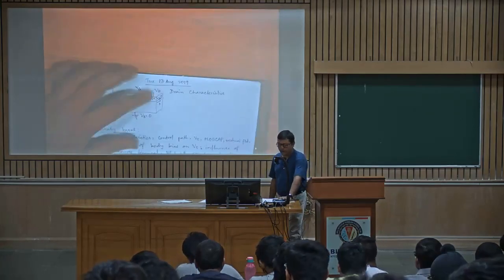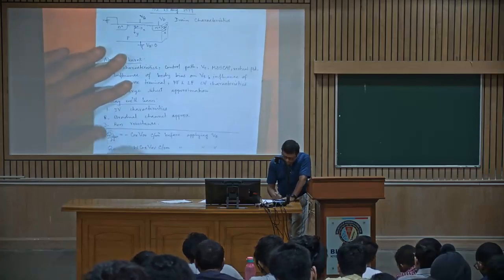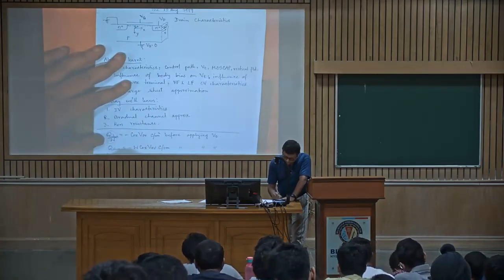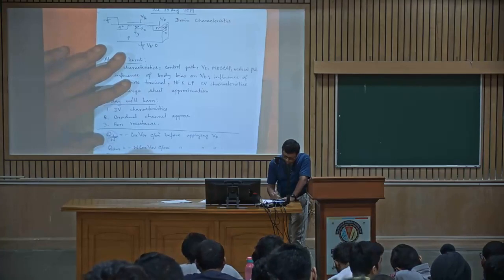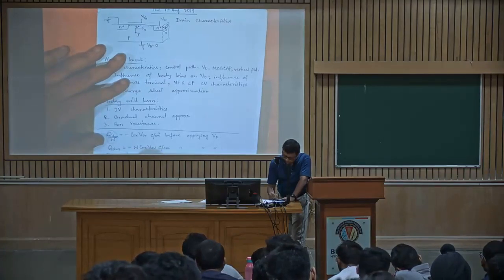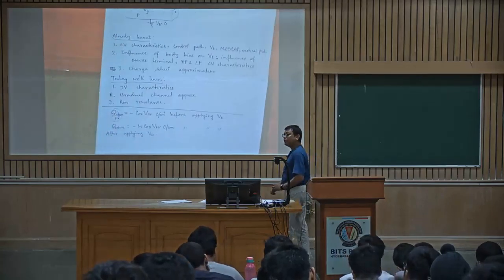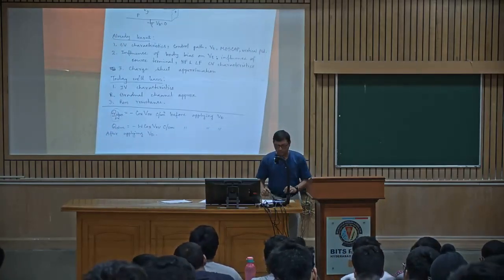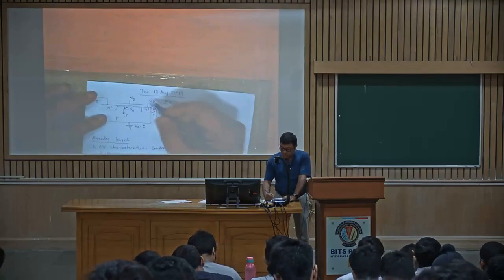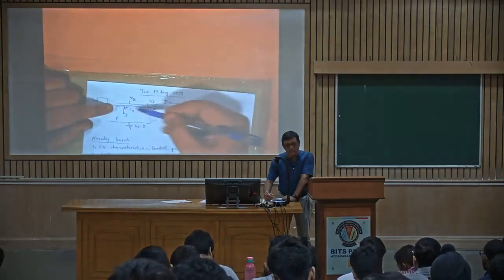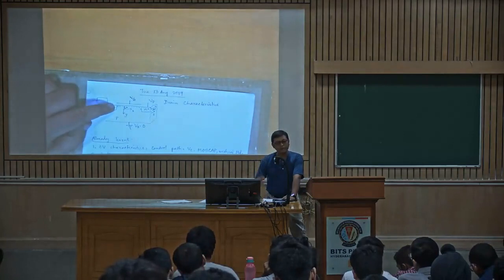Now once we have added, let me just write after applying VD. Now what will happen? First thing is that there will be this Fx field in the lateral direction. So lateral field will be available.